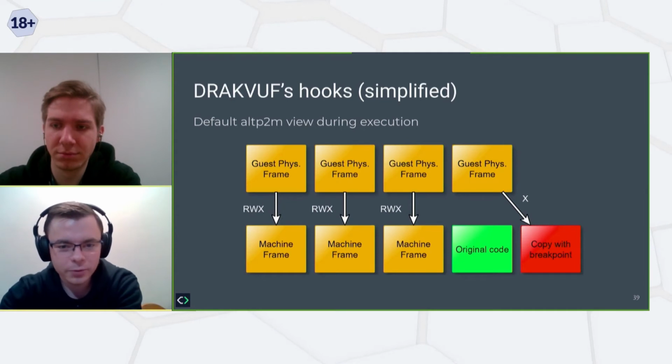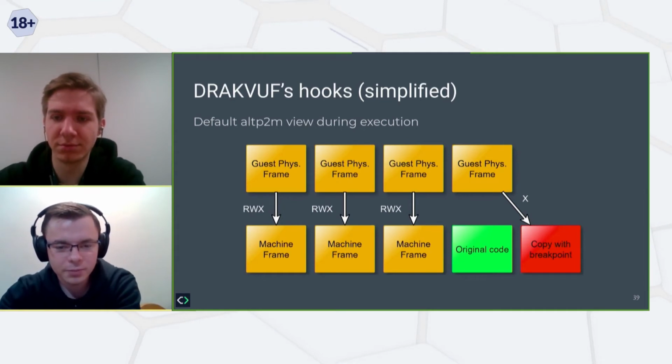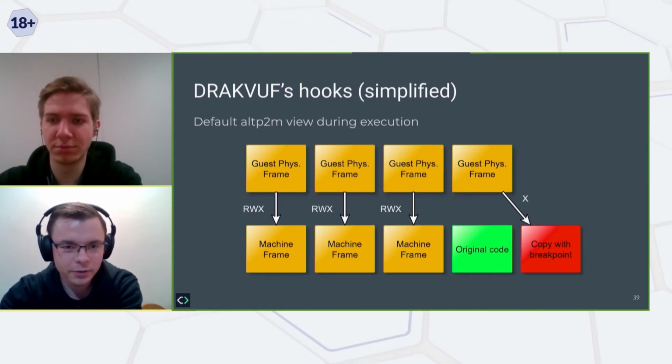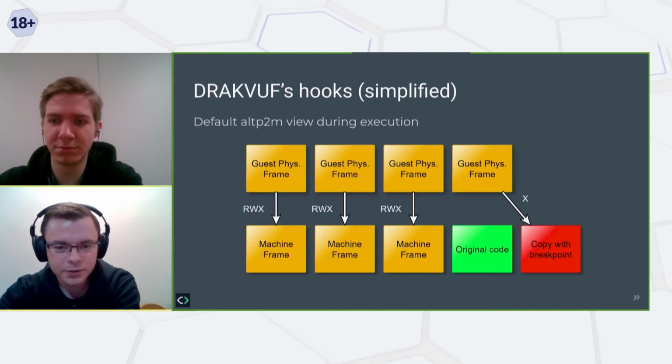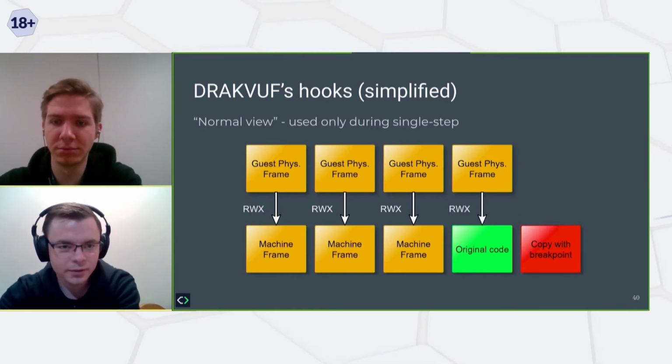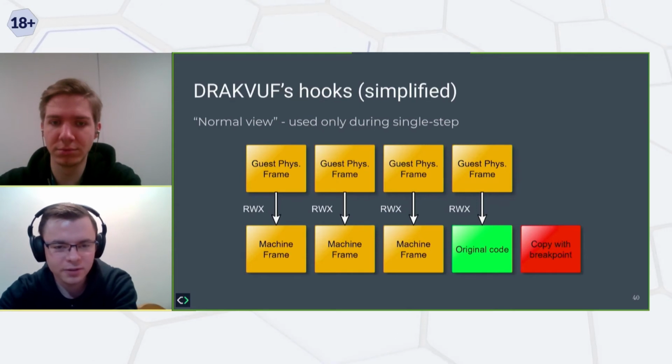So this is how the virtual machine memory access looks like during execution, by default. And when something inside the virtual machine wants to read this code, so this red page that is shown here, the view is quickly switched, and the mapping from the guest physical frame is switched to the page that is containing the original code.